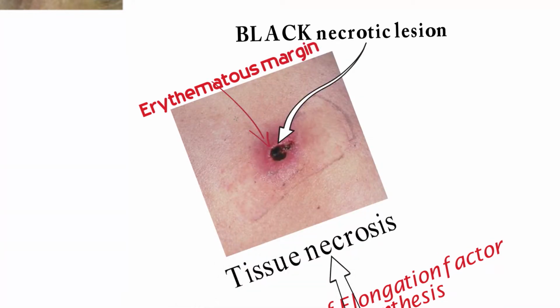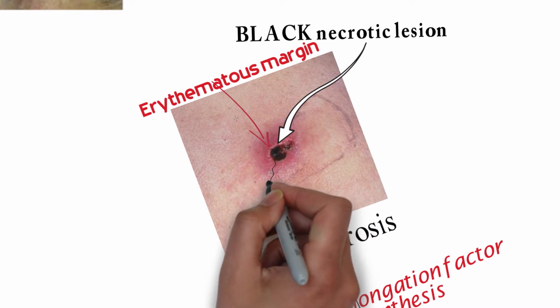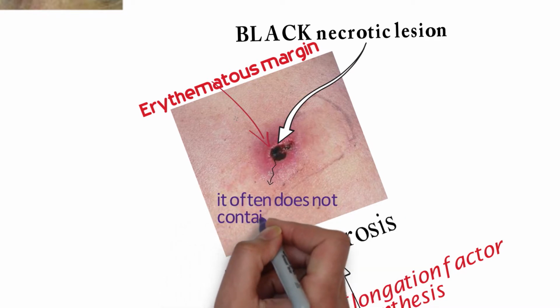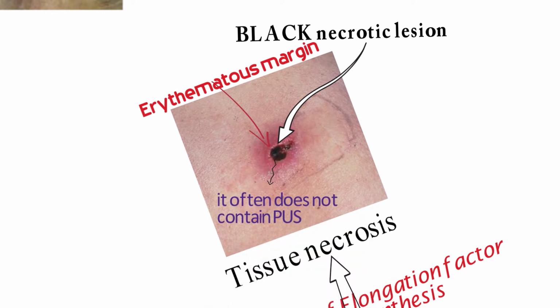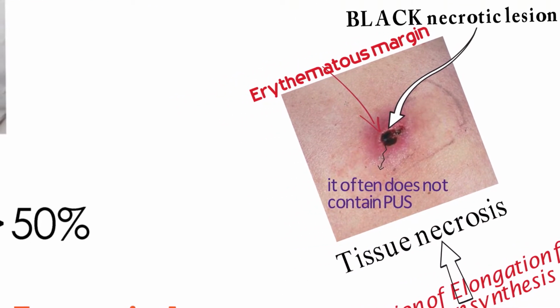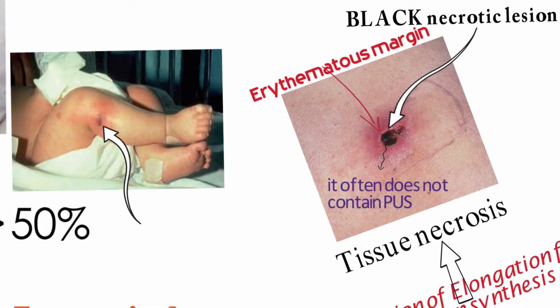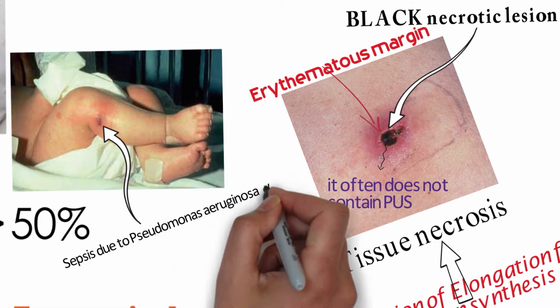Okay, this lesion, which is called the ecthyma gangrenosum, often does not have pus, and gram staining of the specimen from this lesion and the culture would yield Pseudomonas aeruginosa. You can see the sepsis with ecthyma gangrenosum in this ill patient.